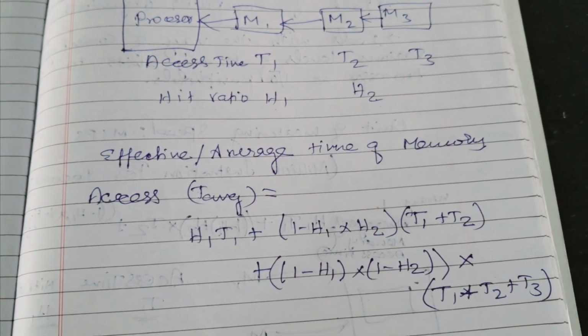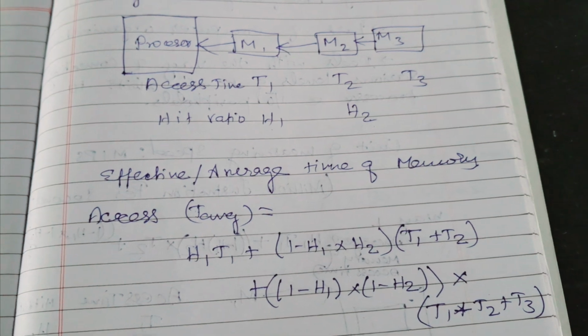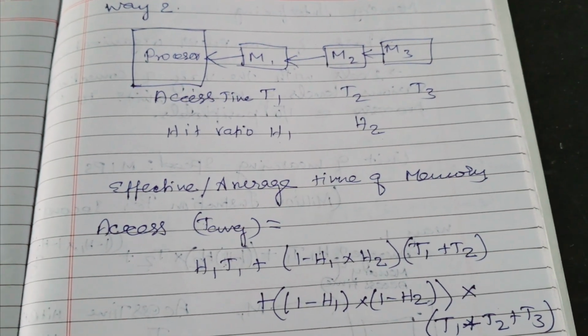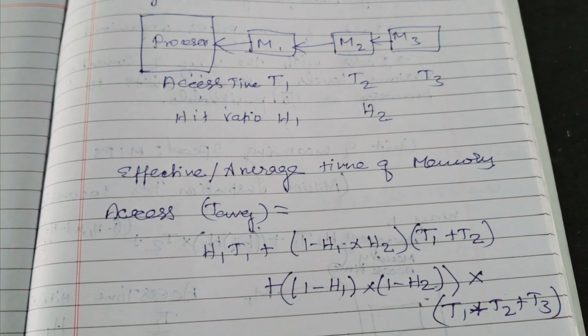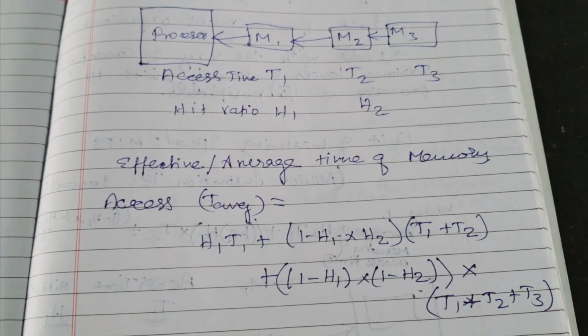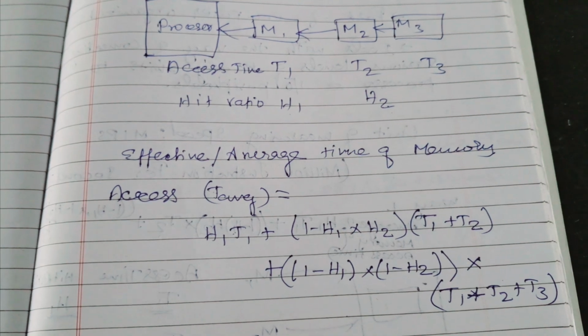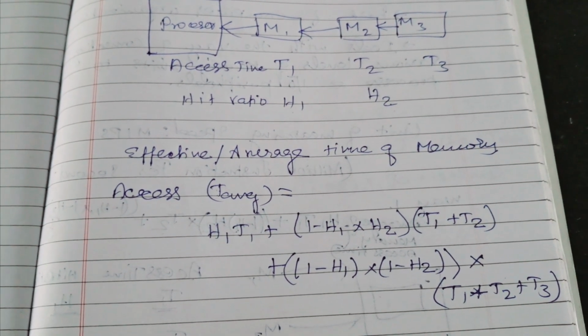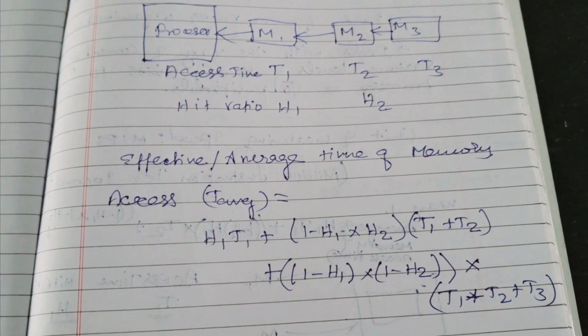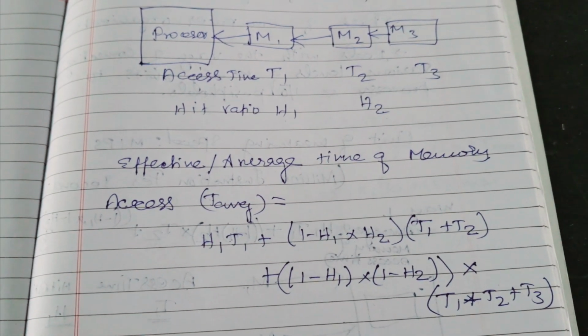Likewise 1 minus H1, which means not hit, that is, hit ratio 1 is not fetching from the memory, means 1 minus H1, which is also multiplied with H2. And we also multiply with the access times 1 and 2, which is T1 and T2.